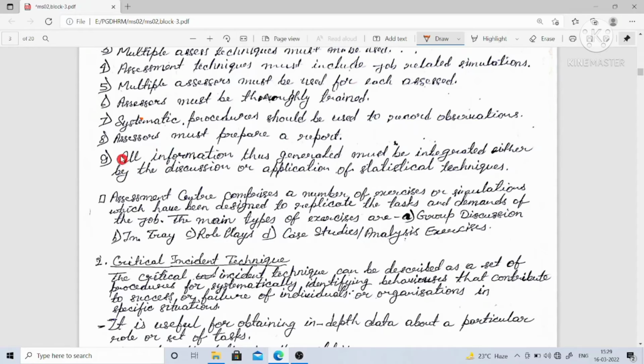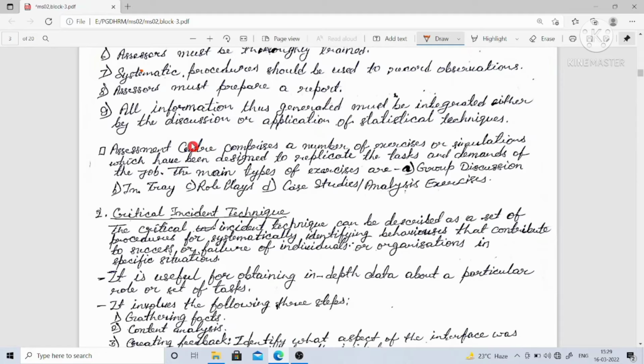And the ninth one given, all information thus generated must be integrated either by discussion or application of statistical techniques. Assessment center comprises a number of exercises or simulations which have been designed to replicate the tasks and demands of the job.